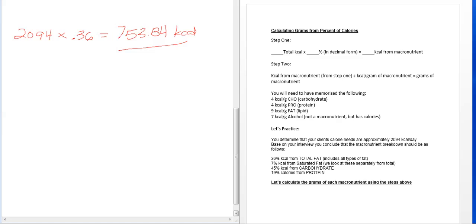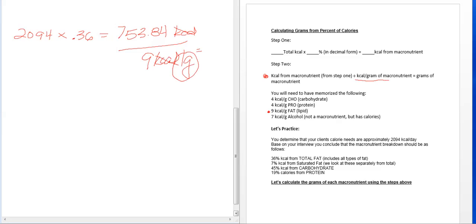Step 2 is to take the calories from the macronutrient and then divide by the calories per gram. Now we're talking about fat, so we know that we have to use 9 for fat. So we divide by 9 calories per gram. And remember, in math, we can cross out those units, and sometimes that helps to remember what you're solving for.